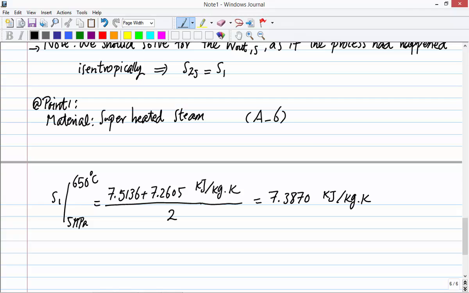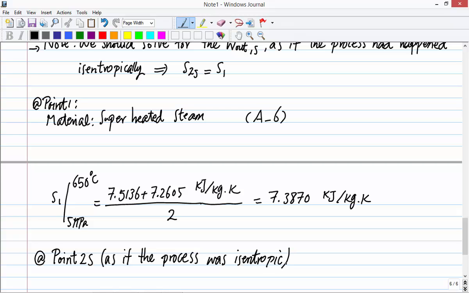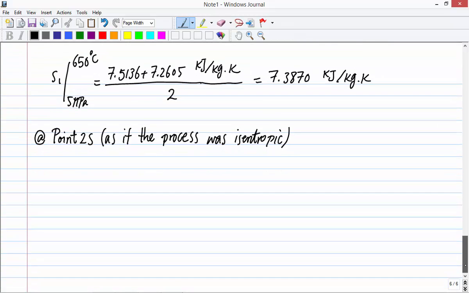And now we have defined a new point 2, point 2s, which means, once again, as if the process was isentropic. So it means that we're going to have the same pressure ratio and P2 would be the same.